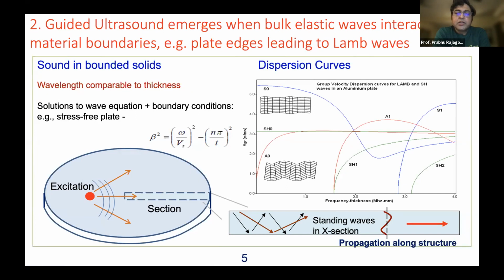They also travel long distances from a single point of inspection. But the challenge is that the frequencies typically tend to be much lower compared to conventional ultrasound, and so the wavelength is very large, and hence we end up with very poor resolution. That's the smoking gun, which I will use later as well.